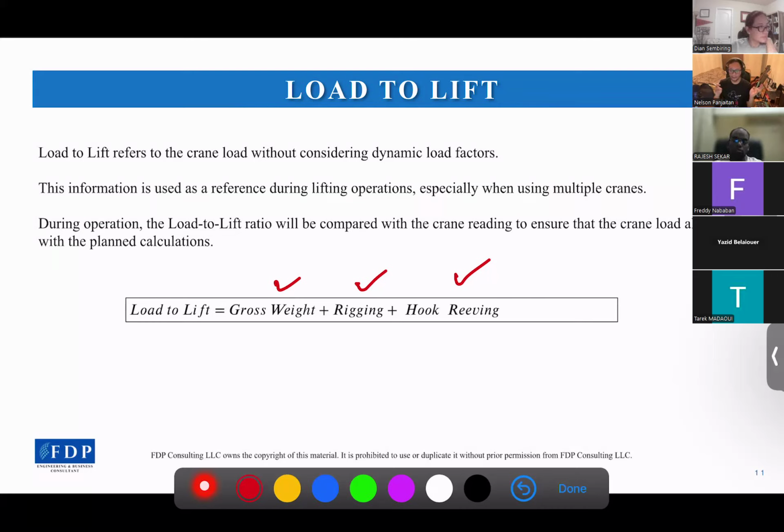And it will help them to justify if any crane needs to be adjusted. So that's for the load to lift. And the formula is gross weight plus rigging plus hook and rigging.